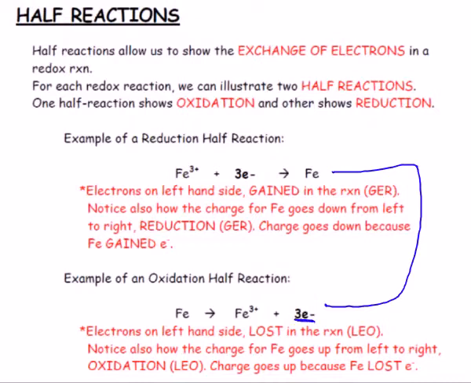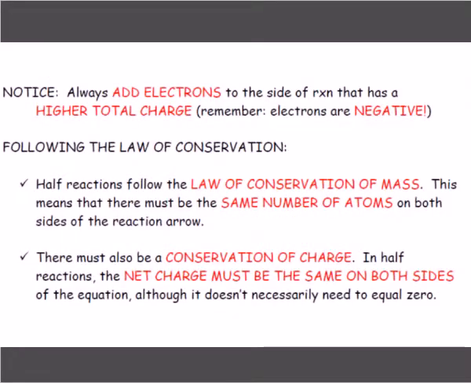Okay, so you've got to think about what electrons are. If you remember your basic chemistry, what's an electron? It's a negative charge. Okay, so if you're gaining those in, it's going to reduce it down. Where if you're losing it, it's going to take it up higher and become more positive. So, guys, we add the electrons. This is kind of a little trick.